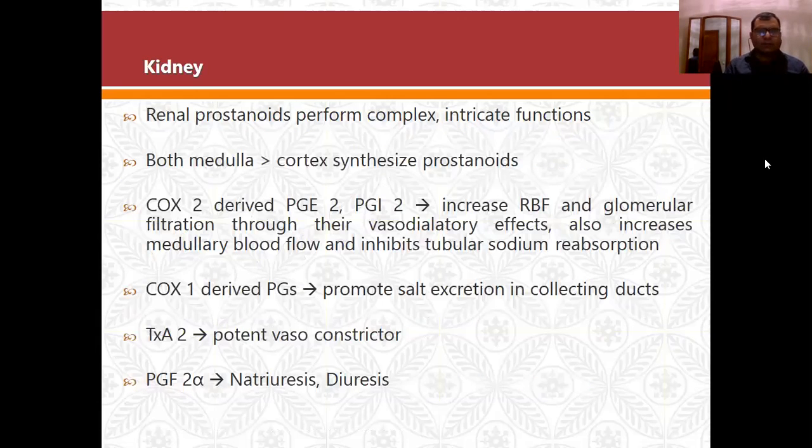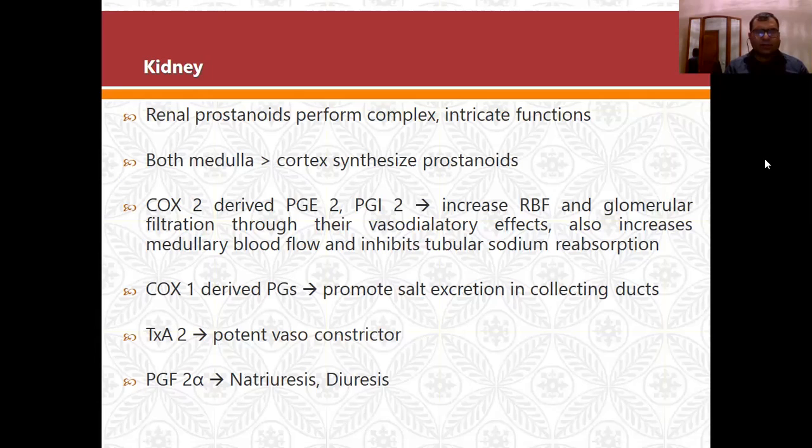Kidney. Renal prostanoids perform complex, intricate functions. Both medulla and cortex synthesize prostanoids. COX2 derived prostaglandin E2 and prostaglandin I2 increase renal blood flow and glomerular filtration through their vasodilatory effects, also increase medullary blood flow, and inhibit tubular sodium reabsorption.